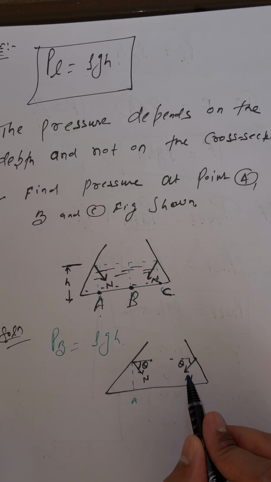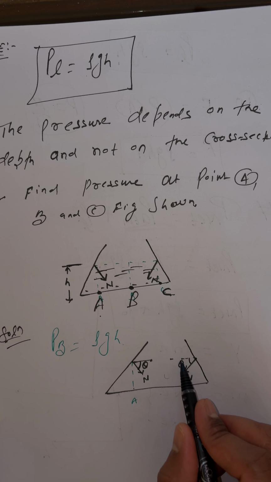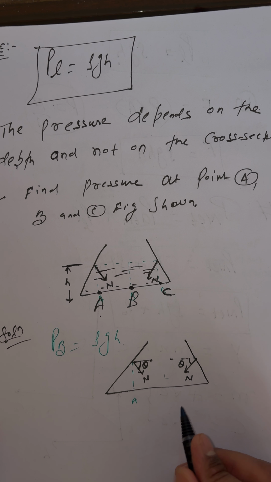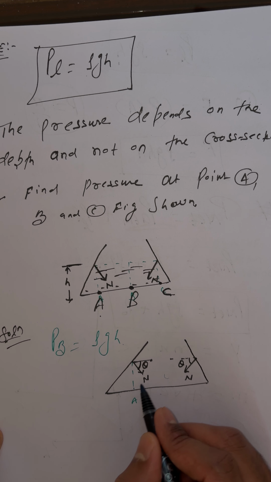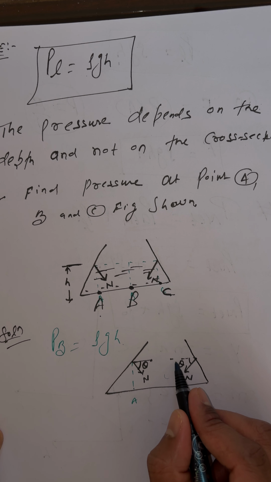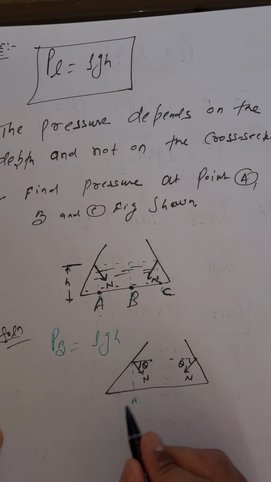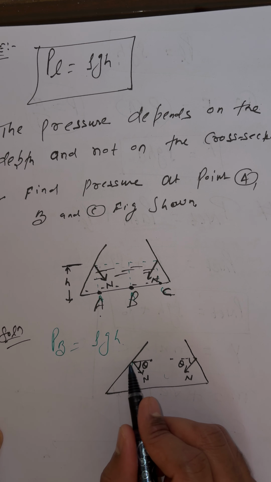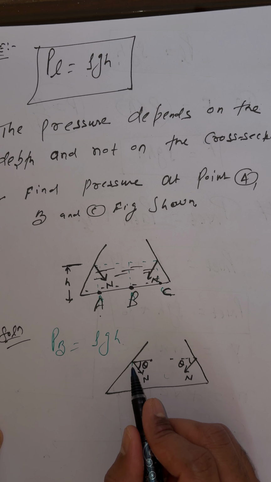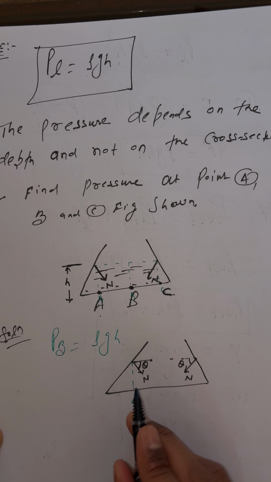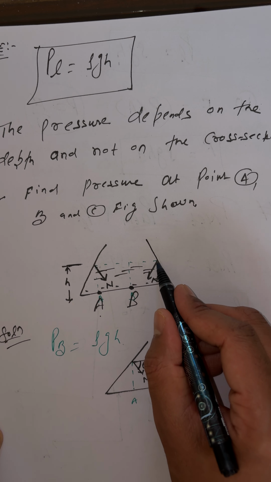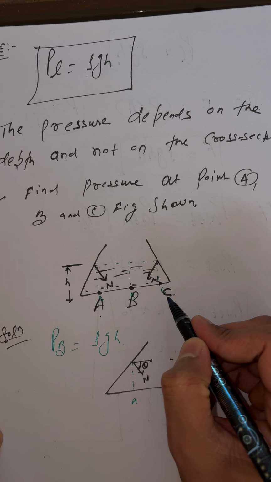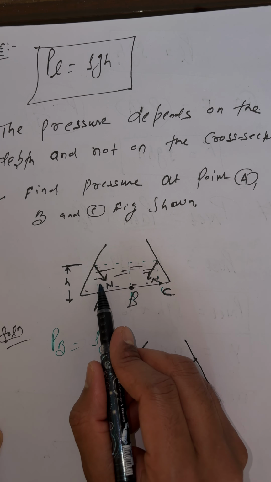Again, the same on the other side: N cos theta and N sin theta. The N cos theta components cancel each other. Who is balancing the equilibrium of this much liquid? That is N sin theta. Who is balancing this much liquid in this direction? N sin theta.